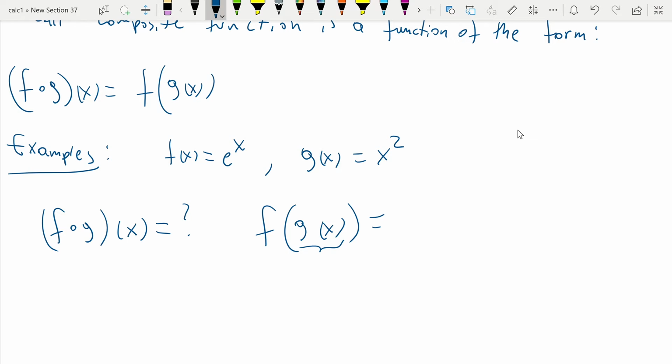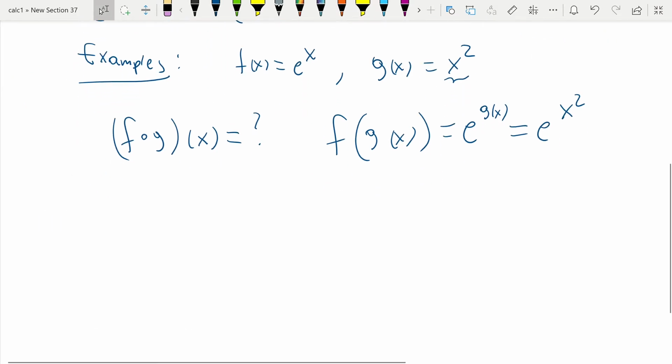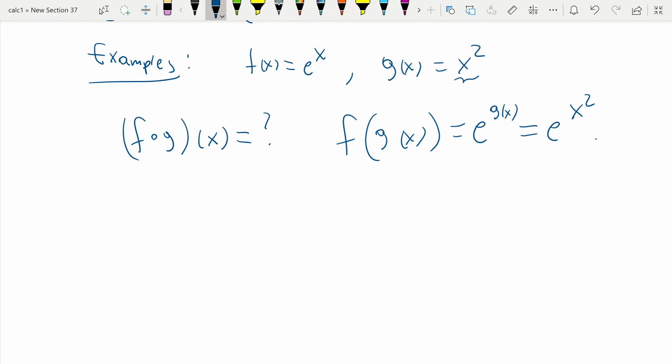Remember that f is e raised to the power of the x that is inside the argument of f. So e to what's inside, so that's g of x. And g of x is just x squared, so this will be equal to e to the x squared. Very good.